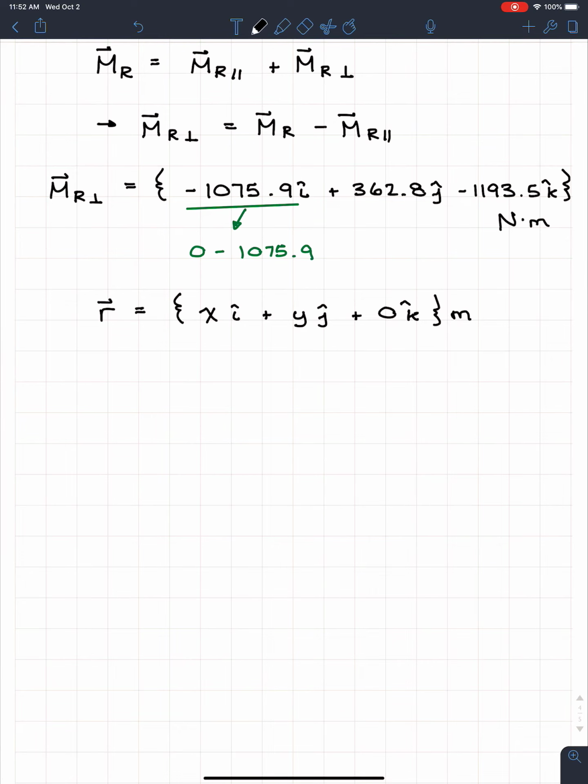So if I find the moment perpendicular, we know it's going to be through the cross product. I'll put this down: i, j, and k. The next row is the position vector, which is x, y, and 0. So those are our unknowns, we don't know them.